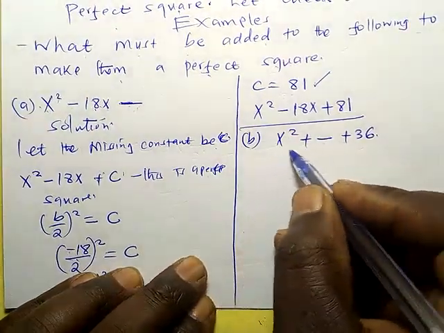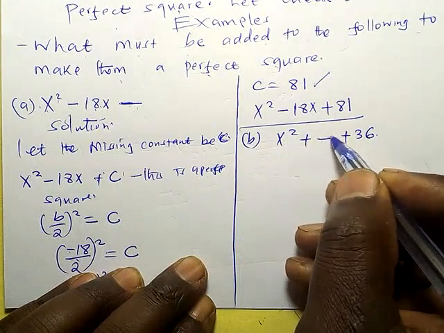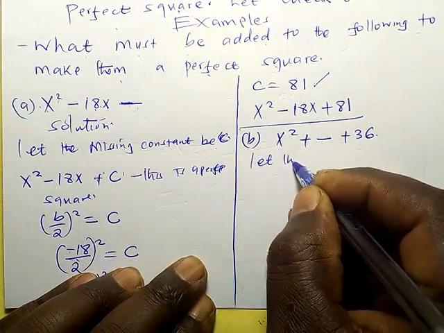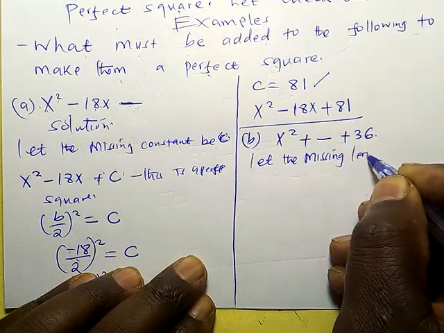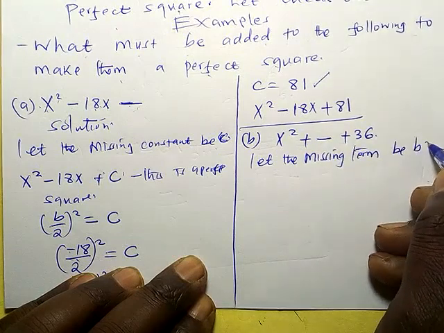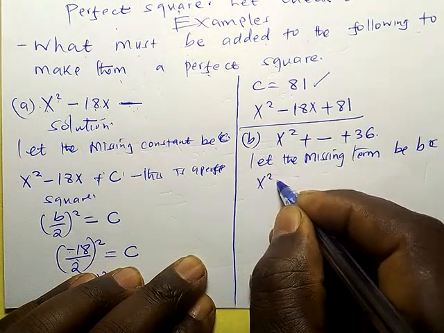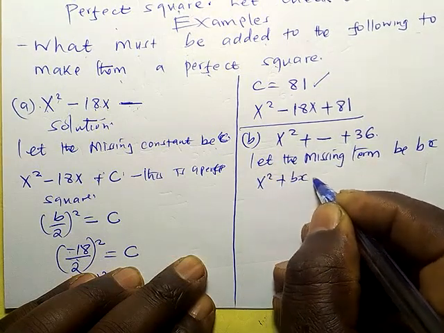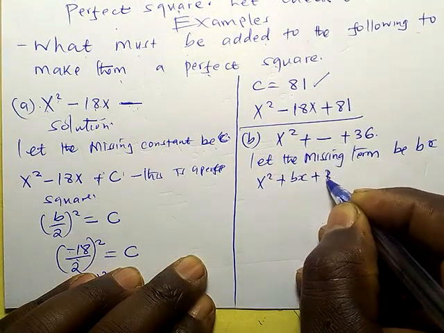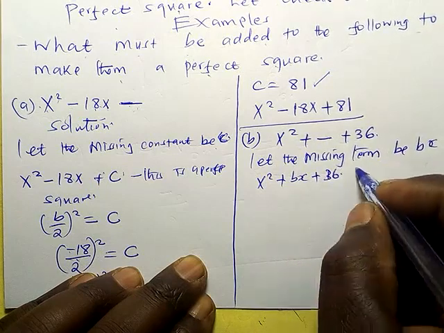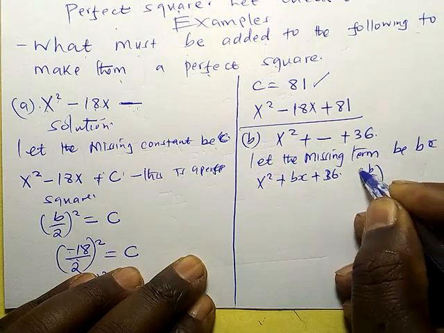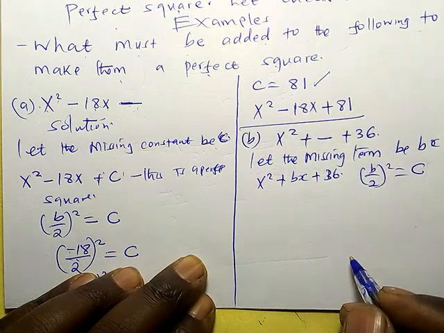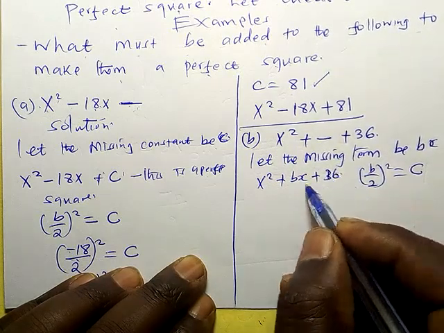Number b. So we are missing bx. So you say let the missing term be bx. So x squared plus bx plus 36 is a perfect square. If it is a perfect square and the coefficient here is 1, it means that b divided by 2 squared should be c, right? We have c, but we don't have b.